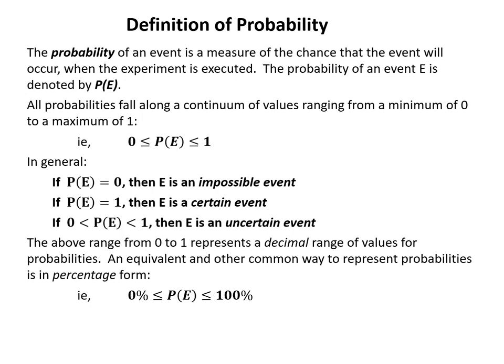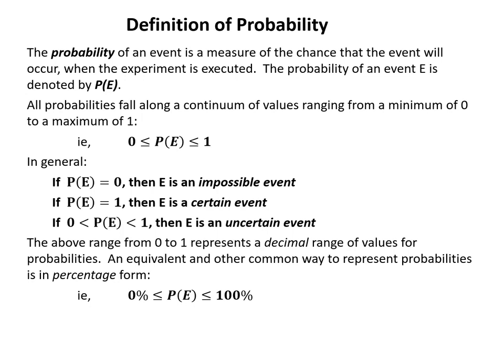And if the probability of E equals 1, then the event E is a certain event. And so if the probability of an event E is greater than 0 and less than 1, then we can say that the event E is an uncertain event. Now, the above mentioned range from 0 to 1 represents a decimal range of values for probabilities.